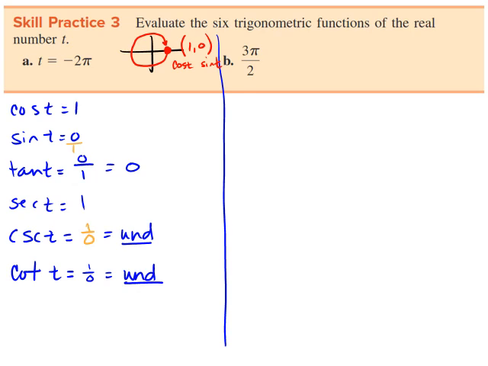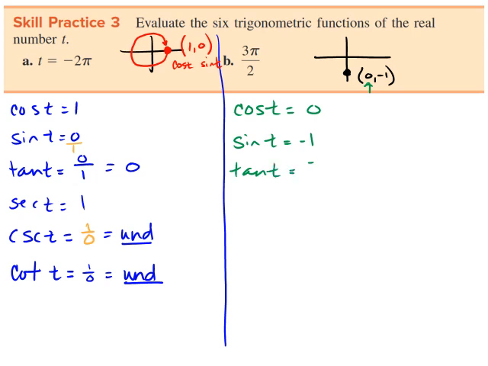You may want to pause the video and give this second one a try. 3 pi over 2 is located right here. This ordered pair is 0, negative 1. If I know that coordinate, I can go ahead and find all of the 6 trig functions. Cosine is the first value of the ordered pair, which is 0. Sine is the second value, negative 1.